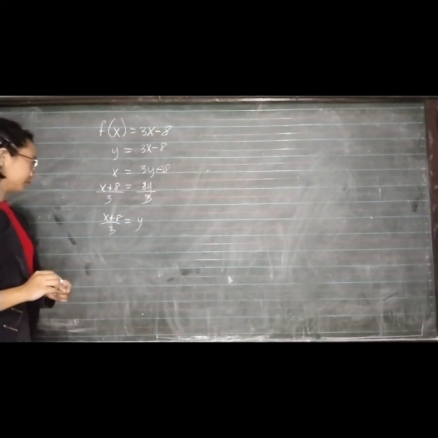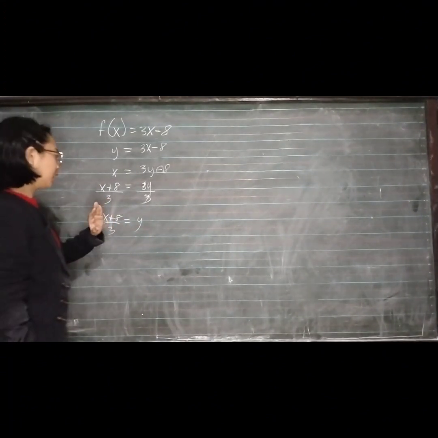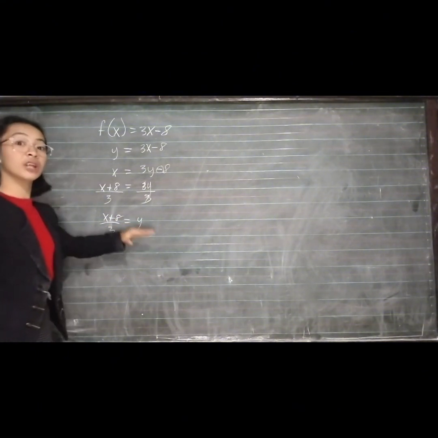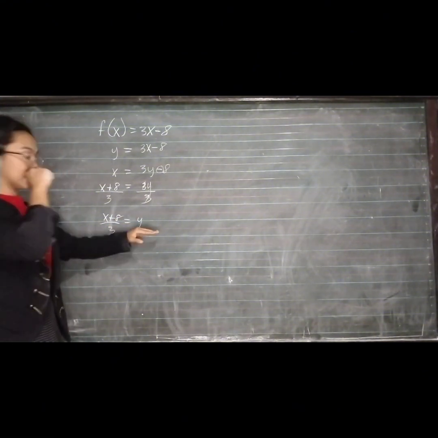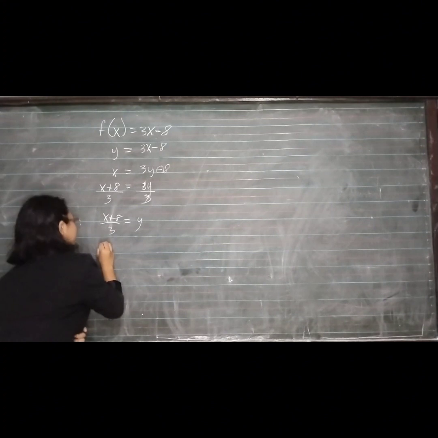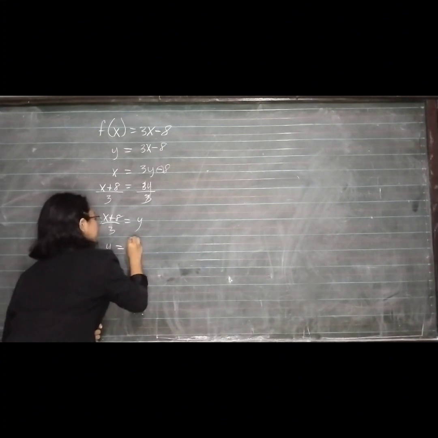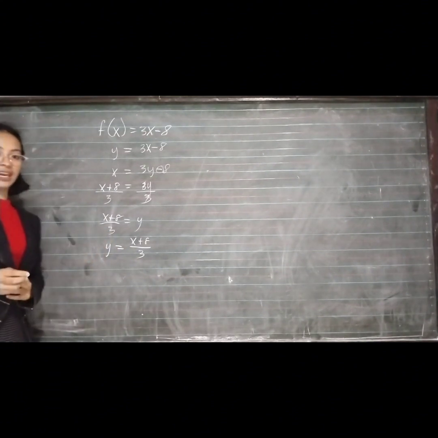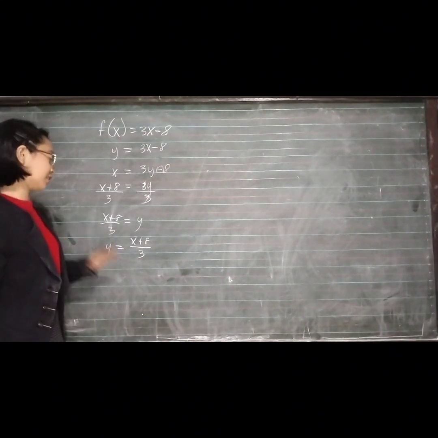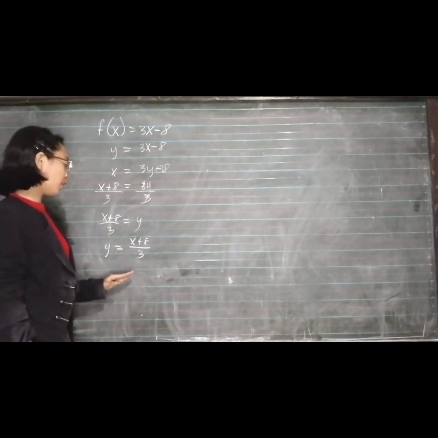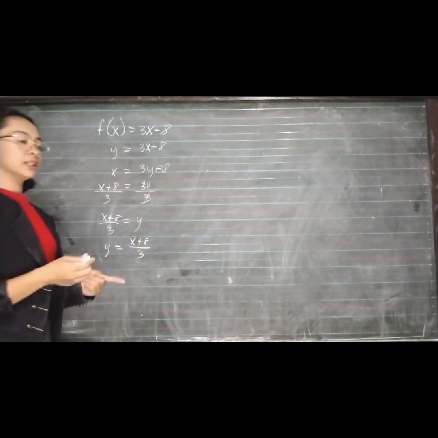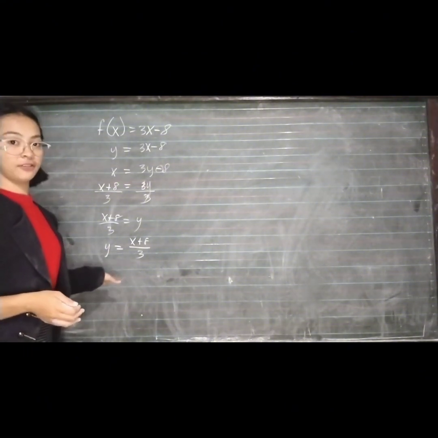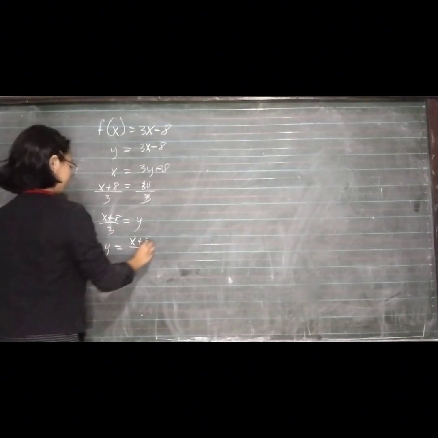And then y should go first. So y equals x plus 8 over 3. And then, since this is an inverse, you write the symbol for inverse, which is f raised to the power of negative 1.